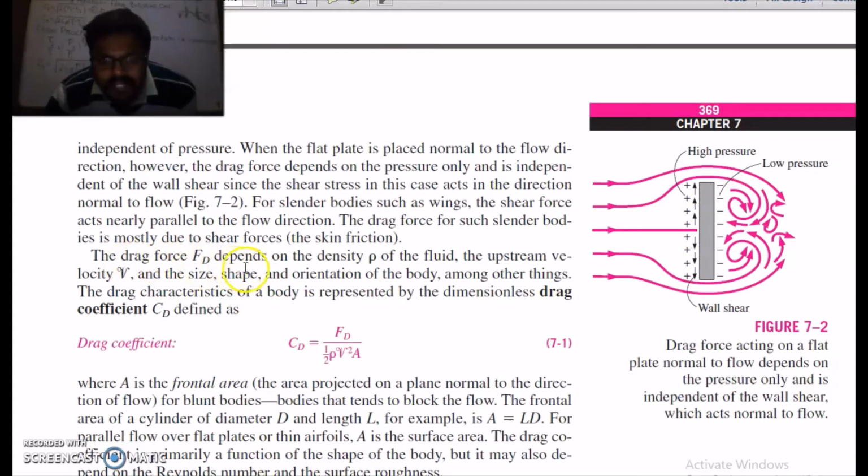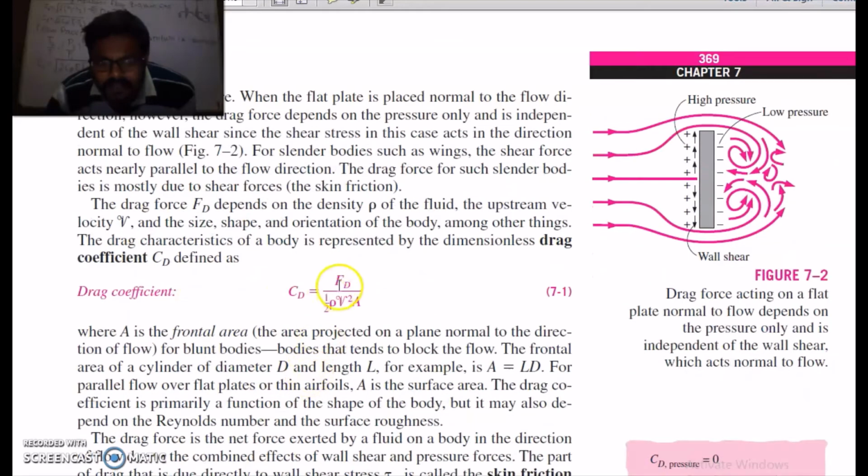The drag force F_D depends on the density of the fluid, the upstream velocity V, and the size, shape and orientation of the body. Among other things, the drag characteristics of a body are represented by the dimensionless drag coefficient C_D, which is defined as the drag force divided by half density times velocity squared times area.